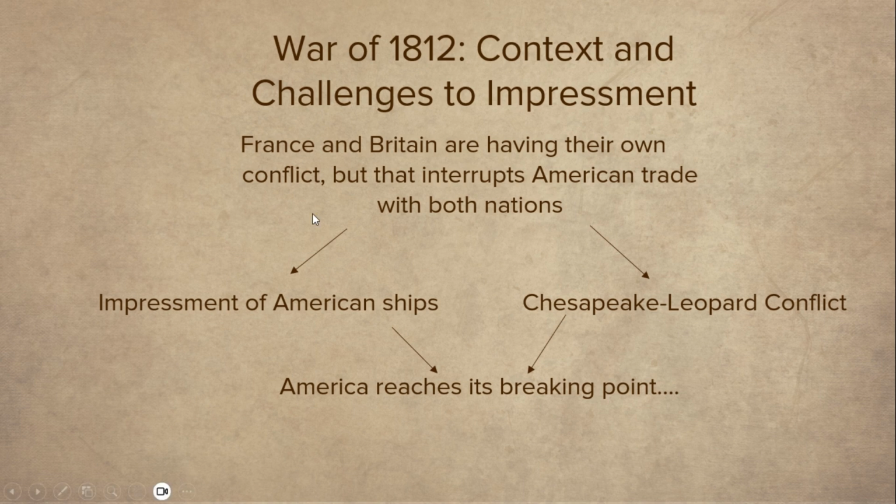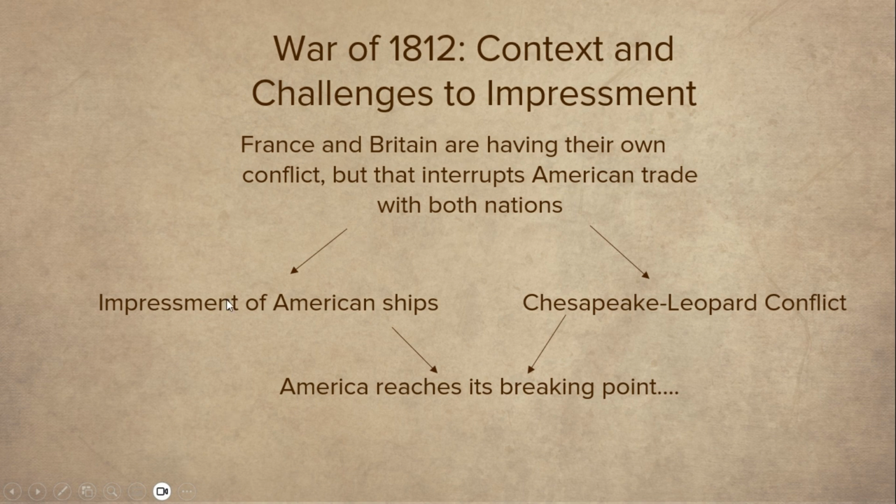And the first issue comes with the impressment of American ships. Again, we saw this in the French and Indian War, where the British were impressing American sailors. And again, here we see American trade boats and sailors getting impressed by the British Navy forces, which again isn't really going to rub America the right way.